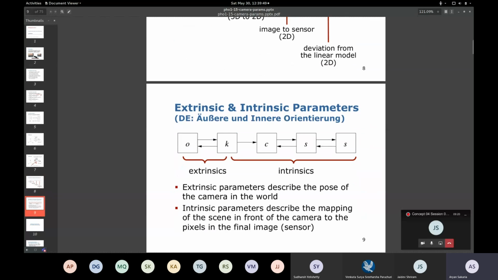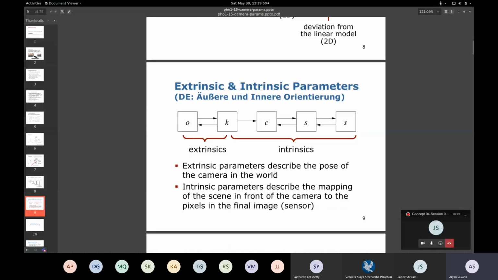In this pipeline, there are two things: the extrinsics and the intrinsics. Extrinsics is about the external stuff, basically where the camera is. Intrinsics are about how the camera is built, so the focal length and all of that. That defines how these points come onto the sensor after the image plane.